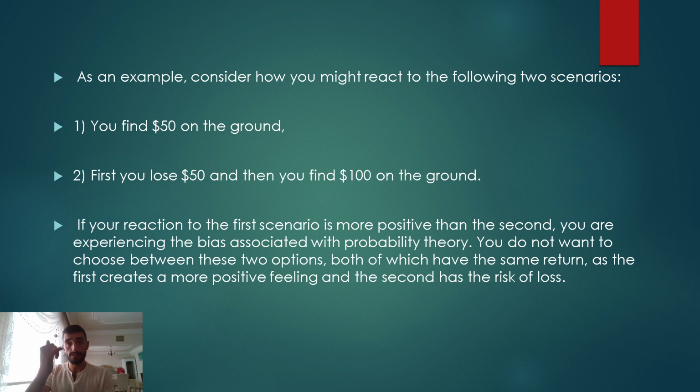First one, you find $50 on the ground, and the second one, first you lose $50, and then you find $100 on the ground. If your reaction to the first scenario is more positive than the second, you are experiencing the bias associated with prospect theory.